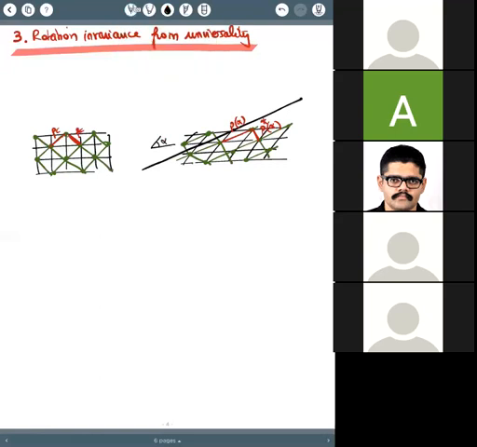So the idea is not actually to try to directly couple a configuration on the square lattice with a configuration on a rotated version of the square lattice.